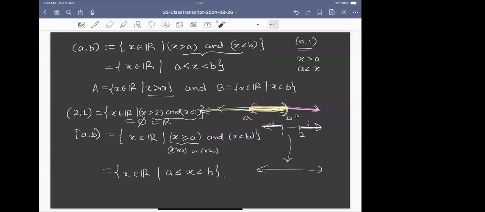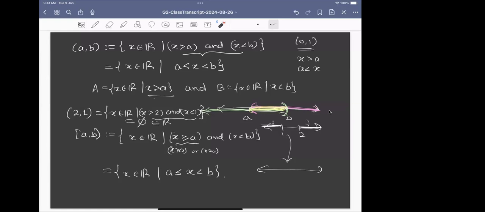Which implies that 2 is less than x and x is less than 1. We know that this is transitive, so 2 is less than 1, which is a contradiction, as we know that 1 is less than 2. So our initial supposition must have been wrong, and the set is empty.